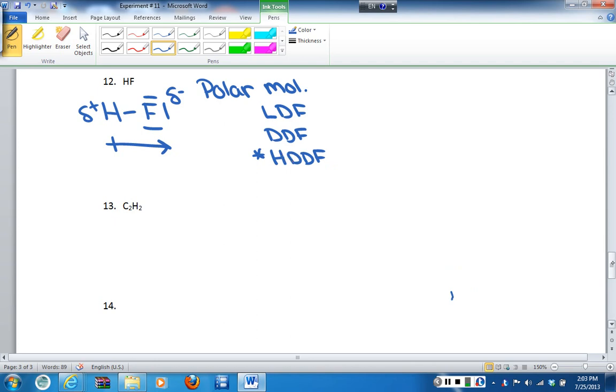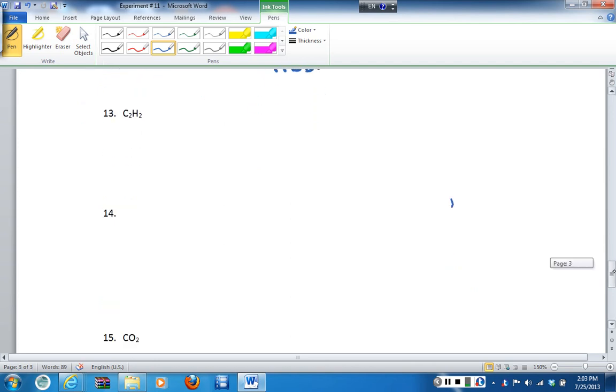If we move on to the next example, if we draw the structure for this, this structure is what's known as ethane.